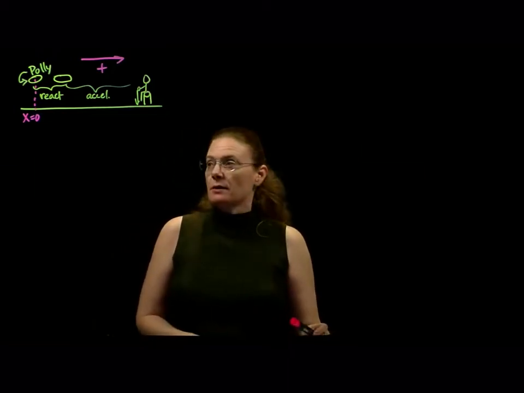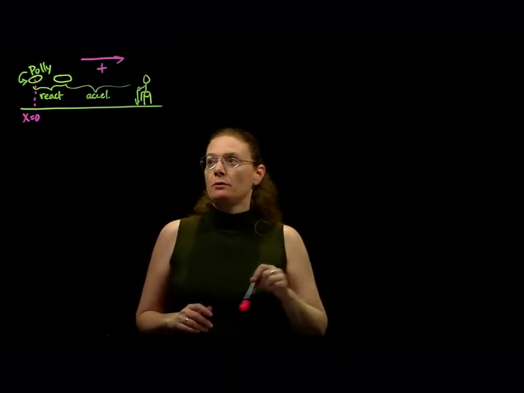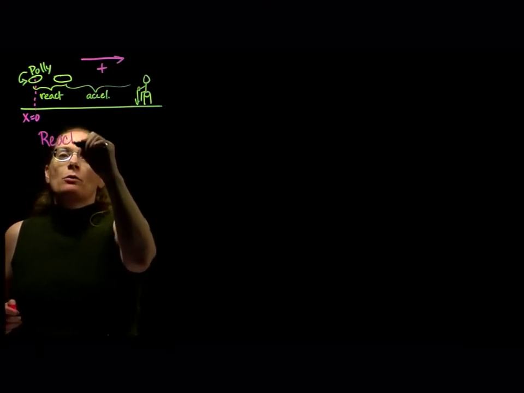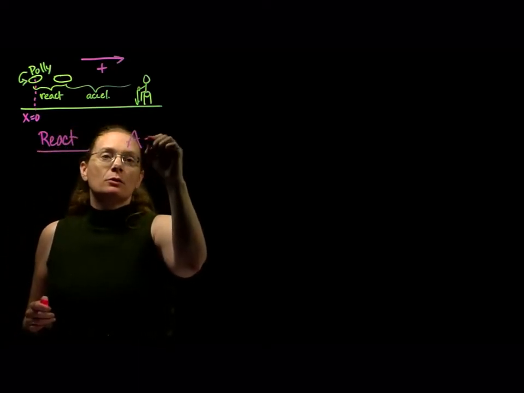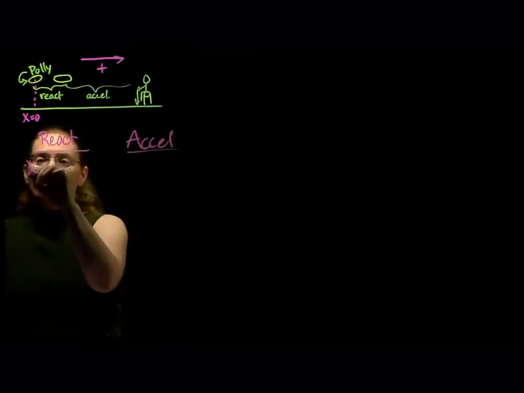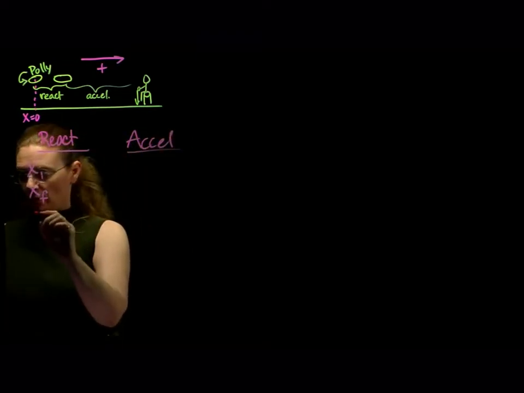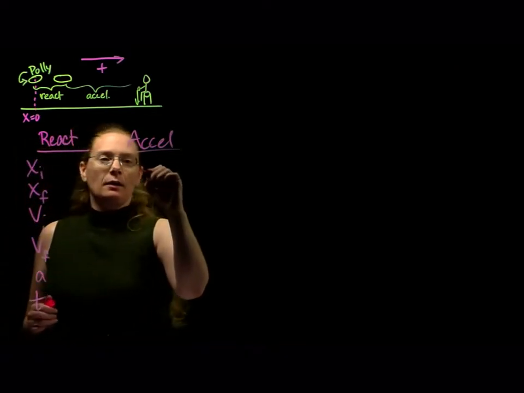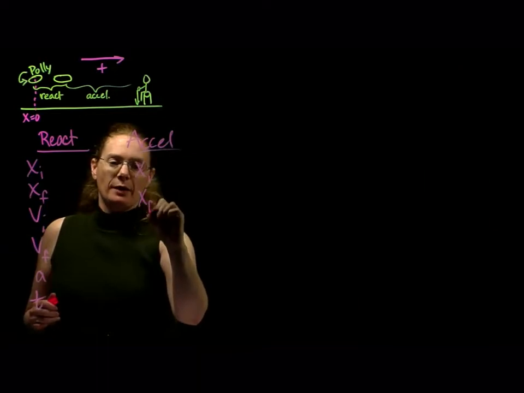I'm going to do the reaction phase and then the acceleration phase. So let's see what we know during these two steps. All right, my 6 kinematics variables, V initial, V final, A and T, and then the same 6 during the acceleration phase.